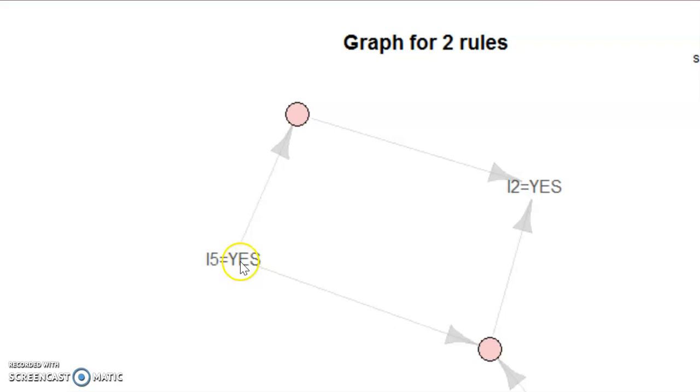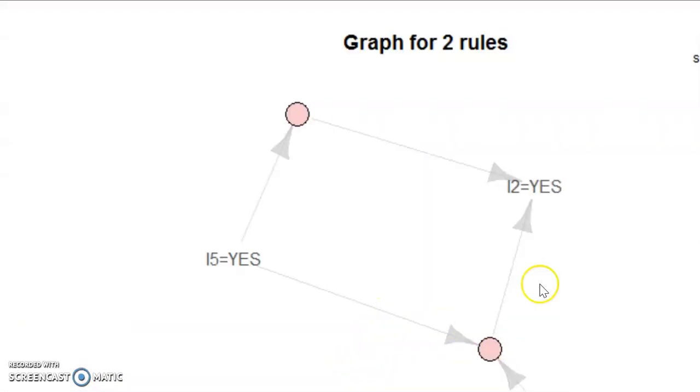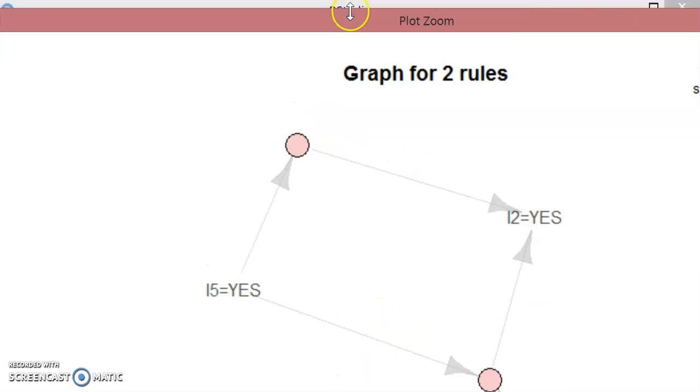What it is saying here is, if I5 is purchased, with the support size shown here, then you have I2. That's what is shown here. Then the next one: I1 and I5 purchased together, then I2.